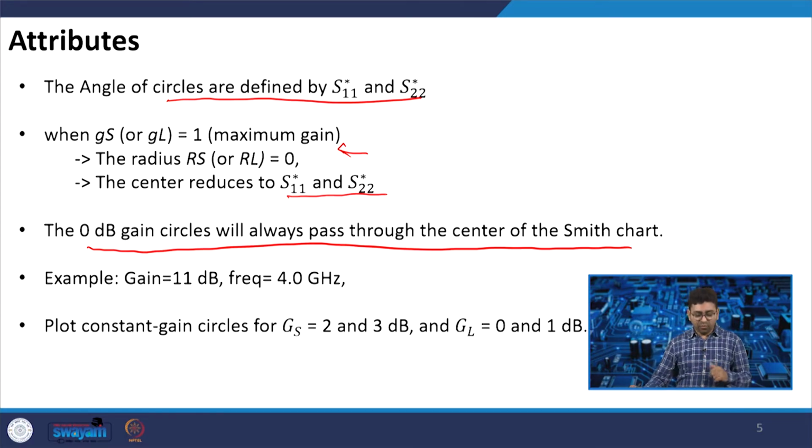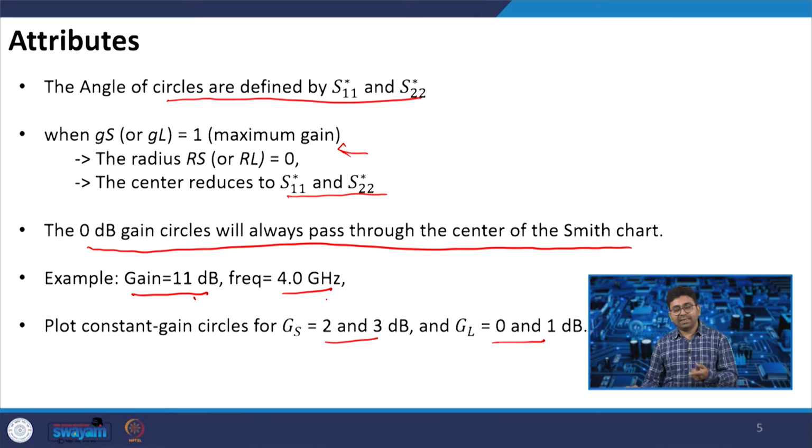Similarly, here we want a gain of 11 dB and the frequency is 4 gigahertz. So, if you want to go for the gain of 11 dB and frequency of 4 gigahertz, you need to plot the constant gain circles for which GS is equal to 2 and 3 dB and GL is equal to 0 and 1 dB.